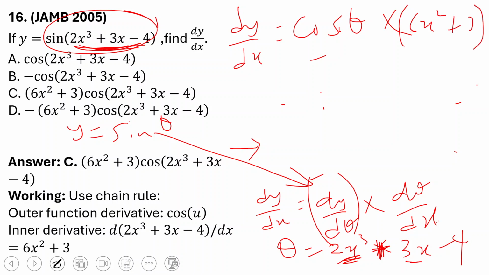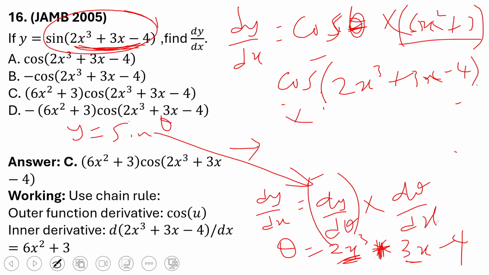So I've gotten the answer, but I'll put everything in terms of x because I don't have theta in the initial question. Instead of cos theta, I'll say cos of theta, which is 2x cubed plus 3x minus 4, times 6x squared plus 3. Because it's commutative, I can bring this one in front: (6x squared plus 3).